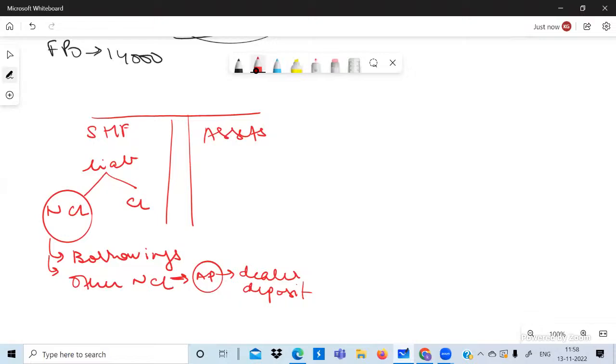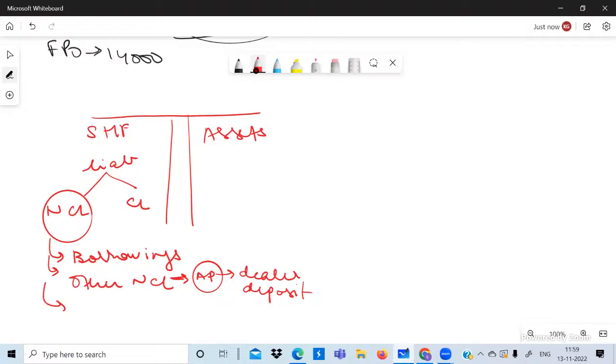As and when the contract is finally cancelled or it gets over, this amount of money will be given back to the dealer. So again, it's a liability for Asian Paints, but it's a long-term liability because you'll not pay off the money to the dealer in the next 6 months or 1 year. So again, it's a part of other non-current liability.